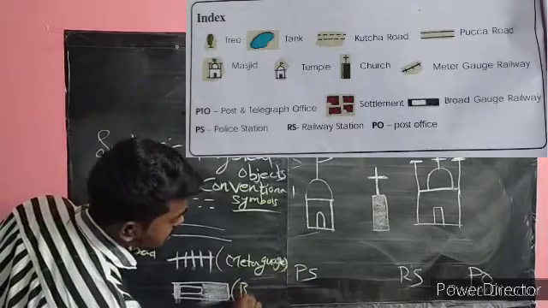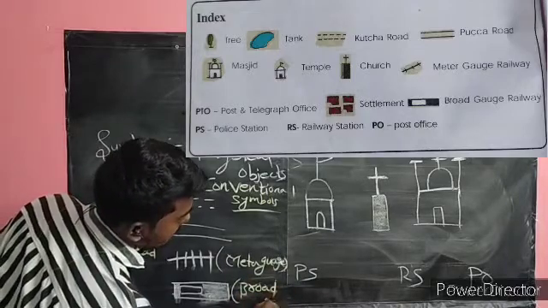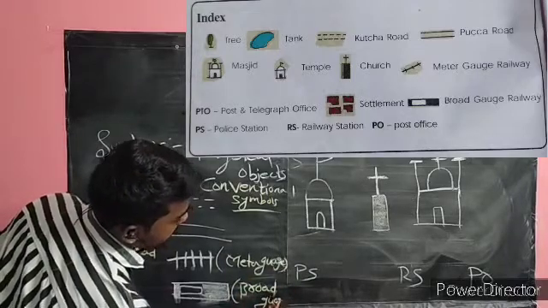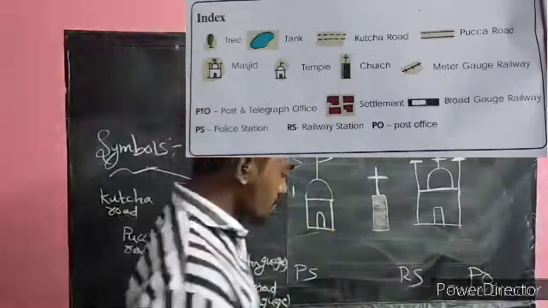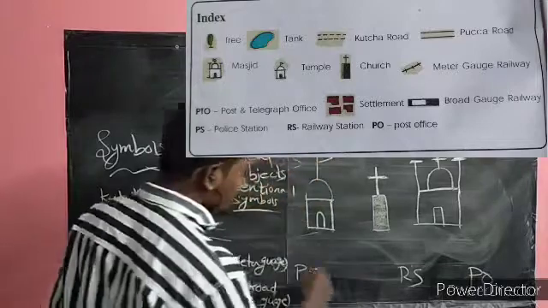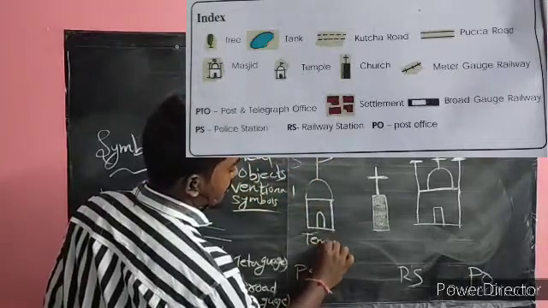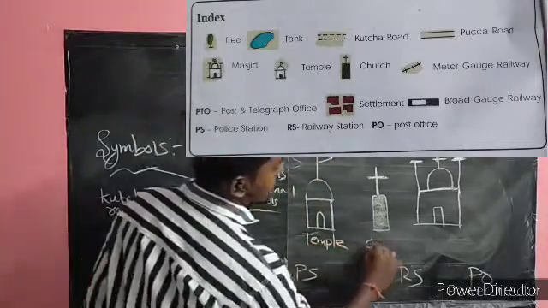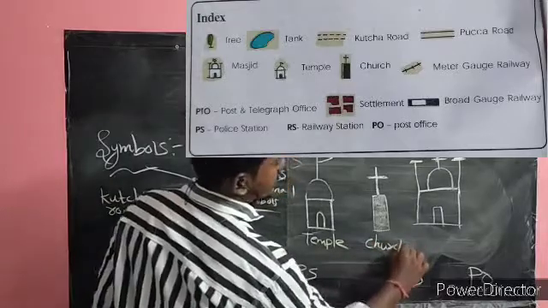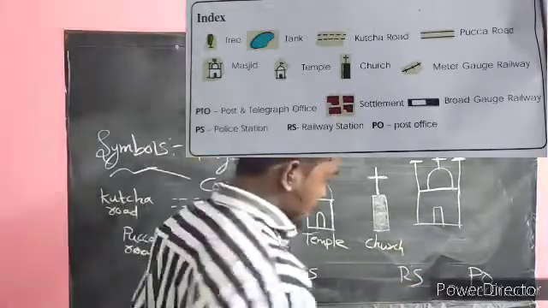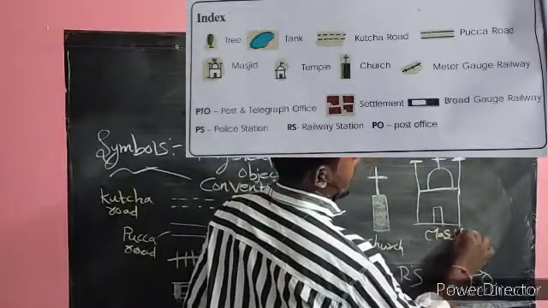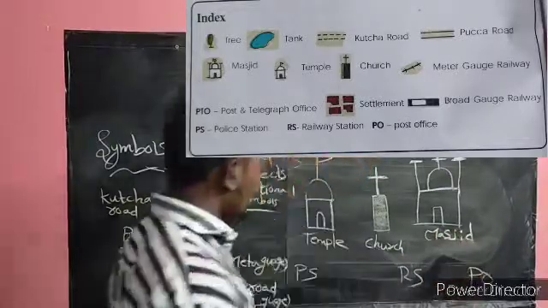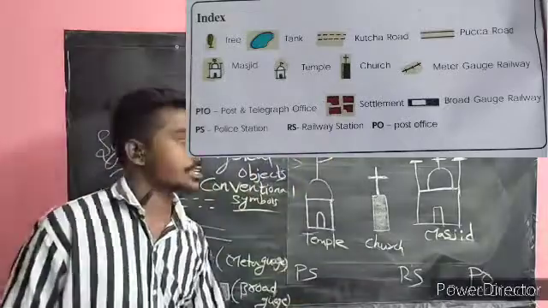It is a broad gauge. And you can show some symbols also. It is a temple symbol. It is a church. It is a masjid. And you can show some abbreviations also.